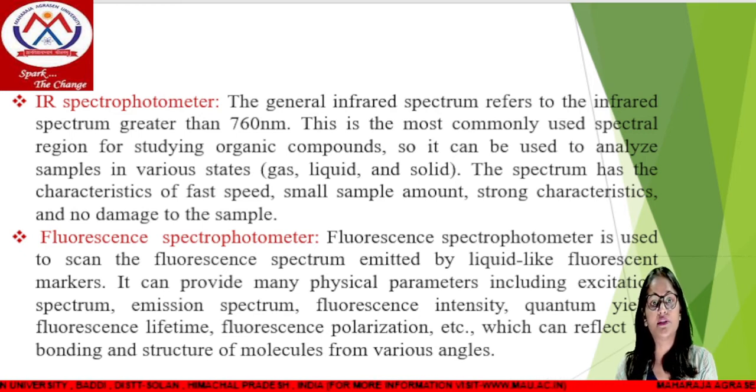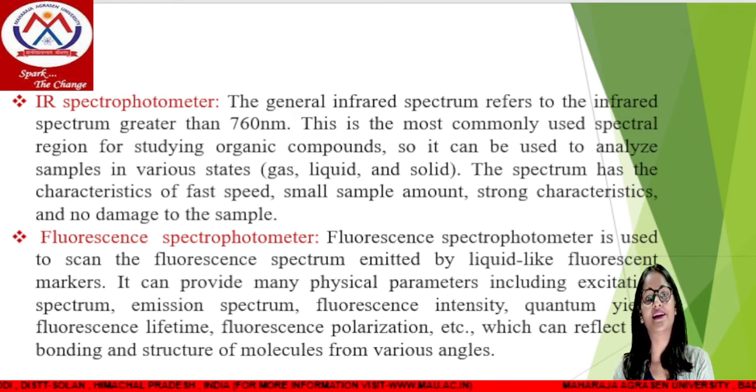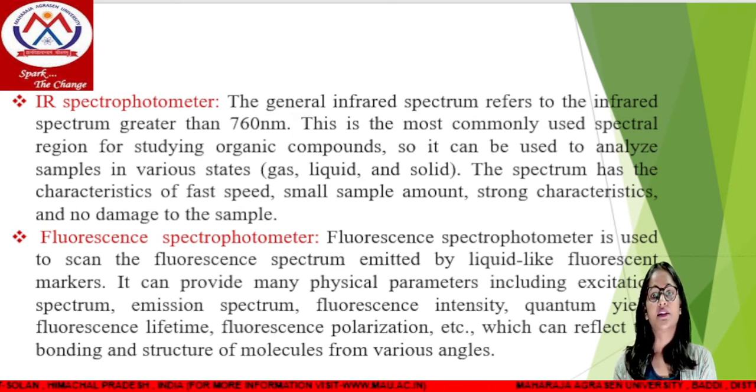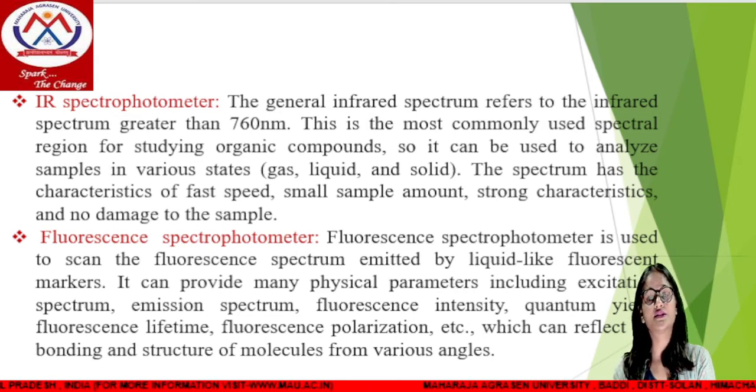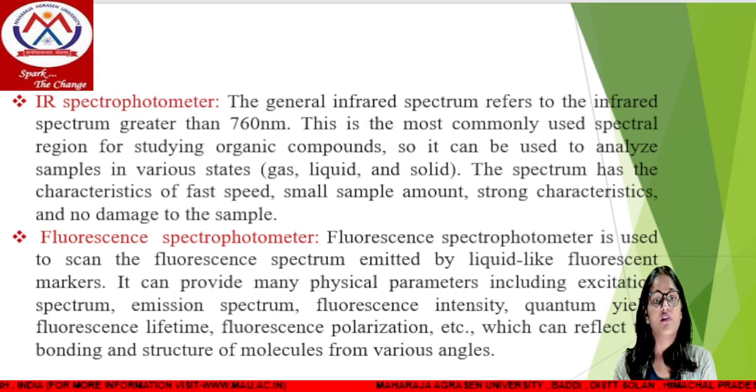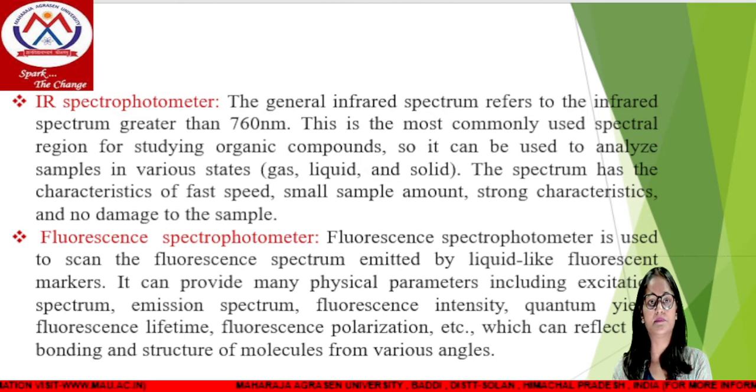Fluorescence spectrophotometers are used to scan the fluorescence spectrum emitted by liquid-like fluorescent markers. They provide many physical parameters such as emission spectrum, fluorescence spectrum, quantum yields, and fluorescence lifetime, so they can reflect the bonding and structure of the molecules from various angles.